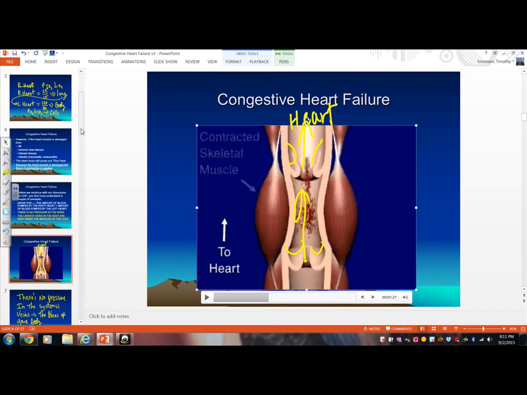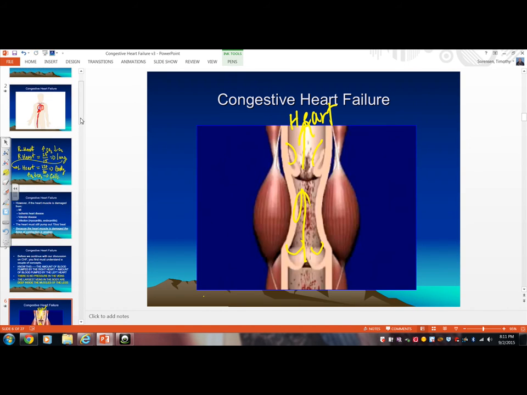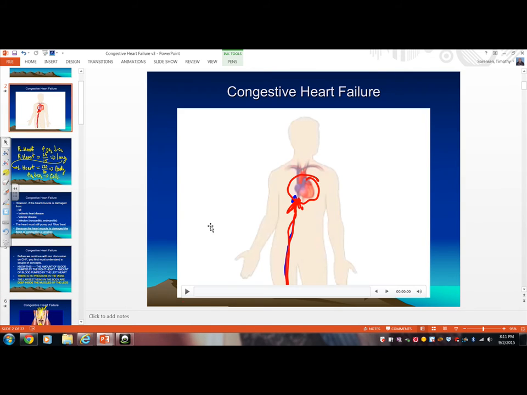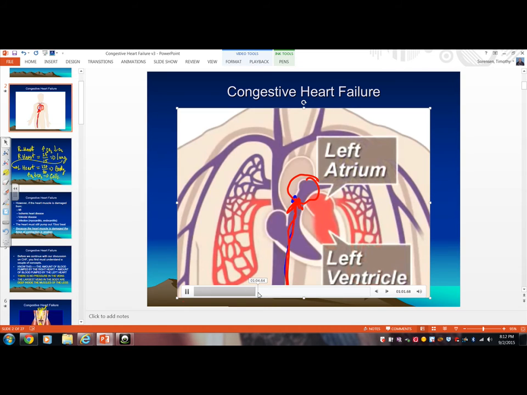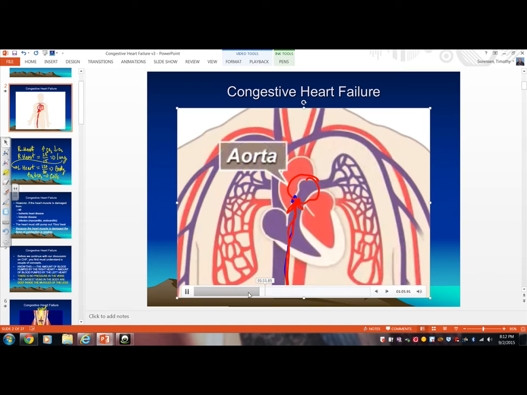Watch. Where do all the veins of the body dump their venous blood? Into the right side of the heart. Where does the right side of the heart send its blood to? It sends it to the lungs. So watch. Look.